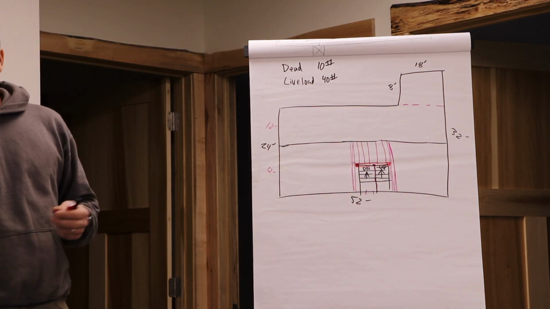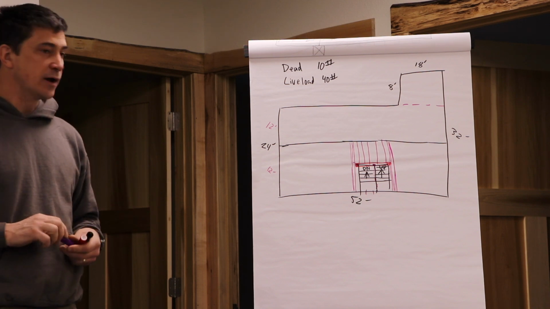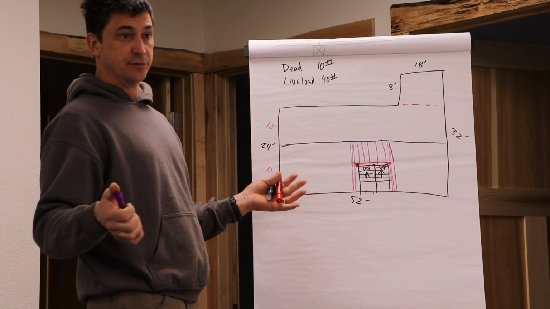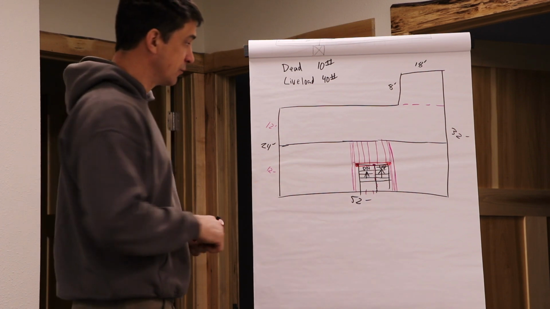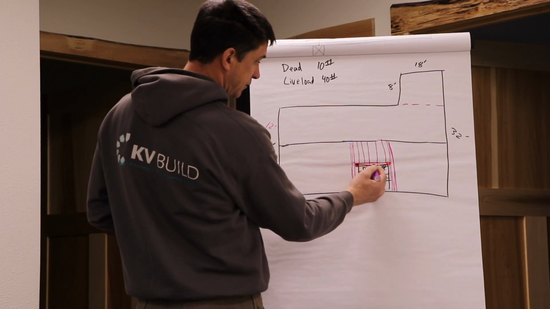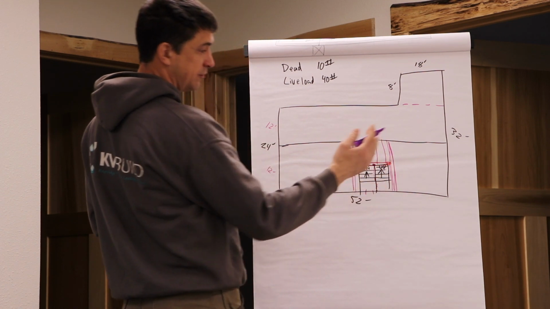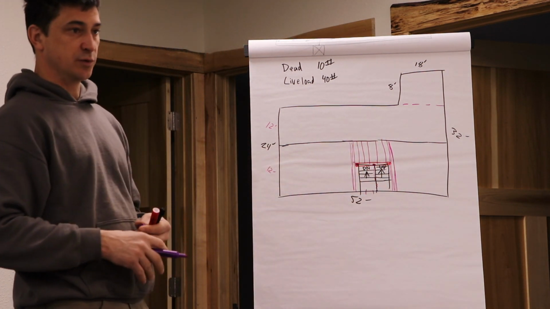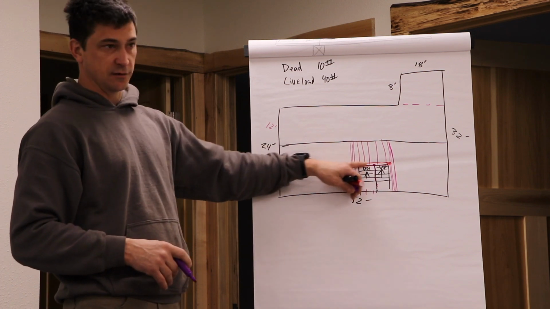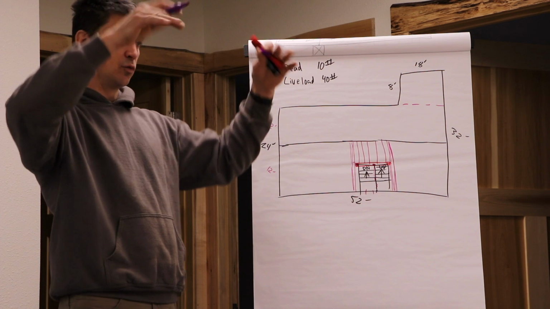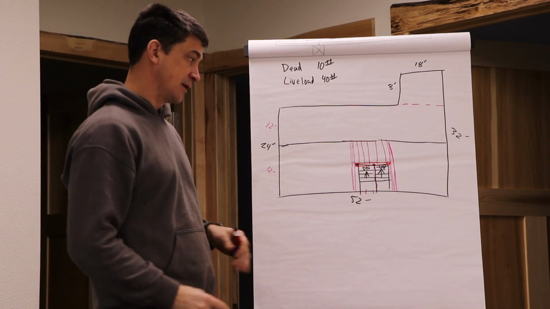We could probably do that with 2 2x6s. That's really easy, right? We could put a header across in a wall below the floor. We don't even have to build a flush header into the floor system or a beam into the floor. We could just build it in the wall and set our floor on top. That's easier.